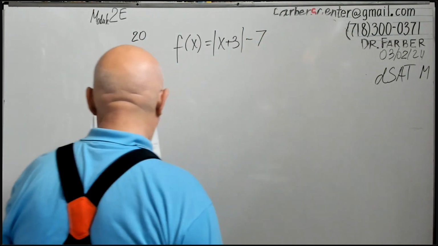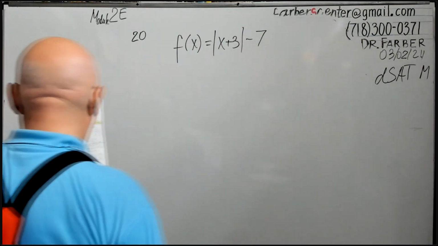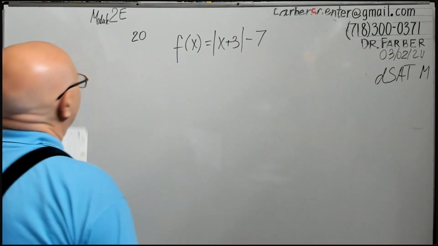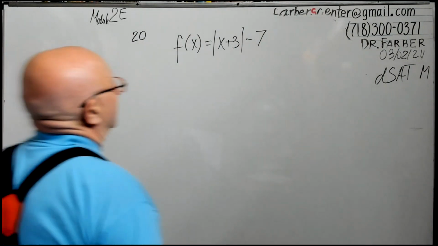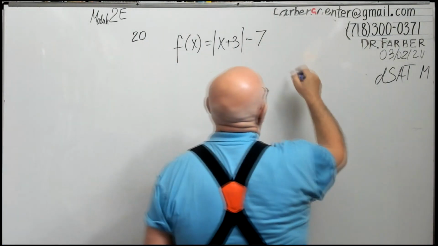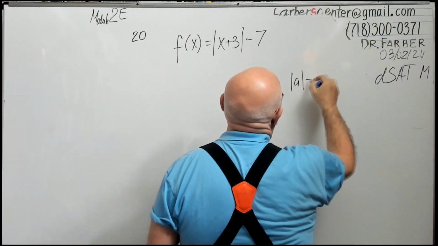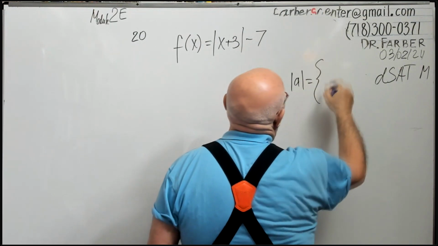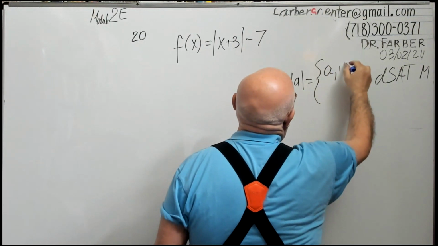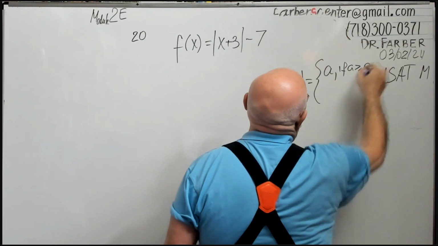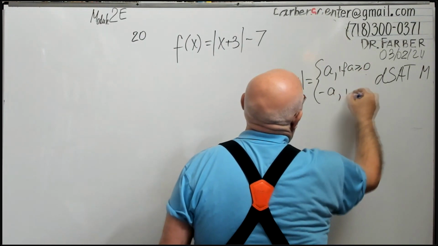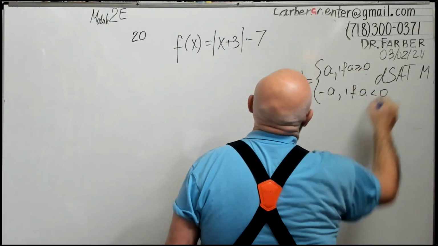And the question is, which of the following must be true? You know, by definition of absolute value, the absolute value of a equals a if a is greater than or equal to 0, or negative a if a is less than 0.